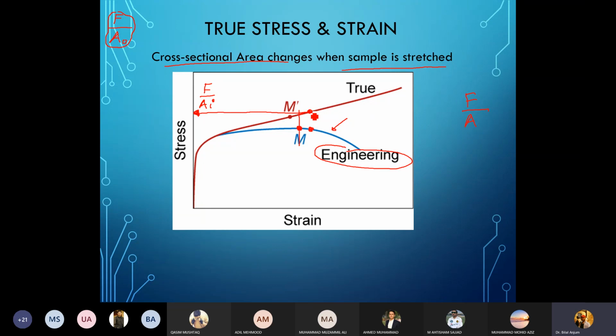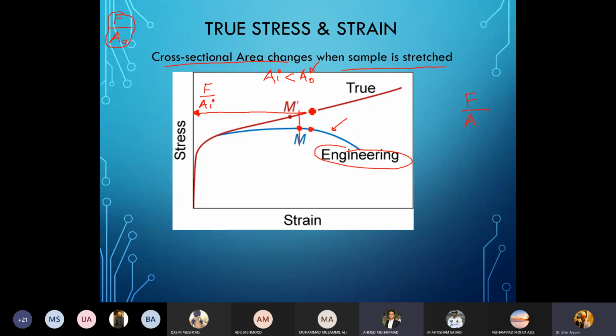At this moment, Ai, which is the instantaneous area, would it be less than or greater than the actual area? Less than. So this would be less than the actual area, which is A naught. Now, if I calculate the same stress using an area which is A naught, would it be greater or less than this stress value?